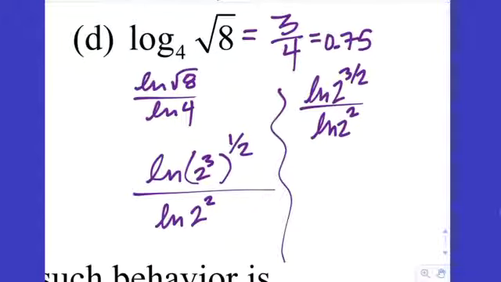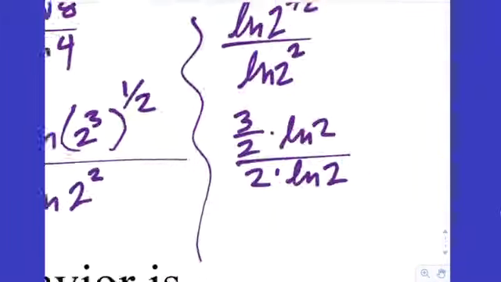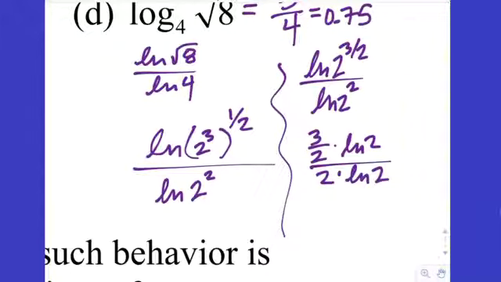And now on both of them, we can bring the coefficients to the front. So you get 3 halves times the natural log of 2, all over 2 times the natural log of 2. If you want, at this point, you could replace the natural log of 2's with 0.7. But you really don't need to, right? Because notice you have a factor of the natural log of 2 both in the numerator and the denominator, and that means you can divide them out.